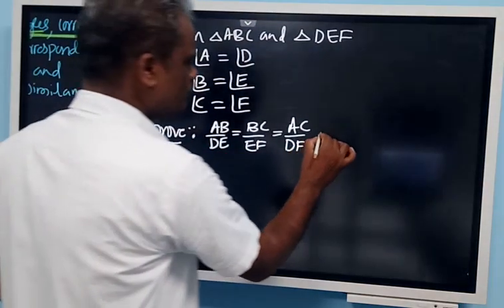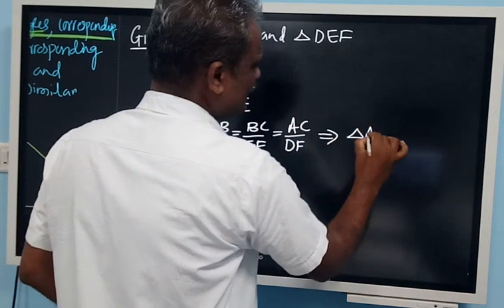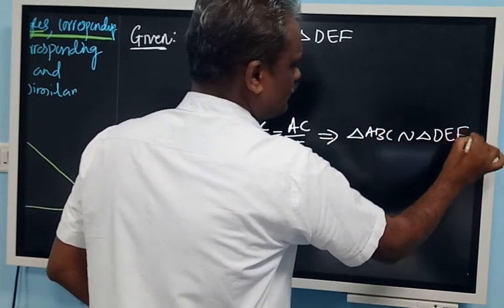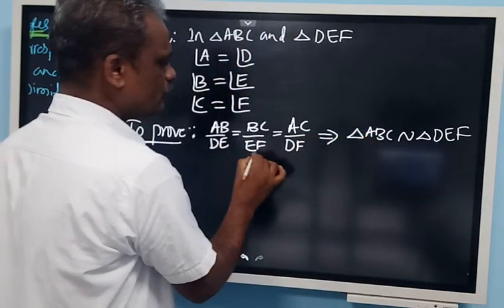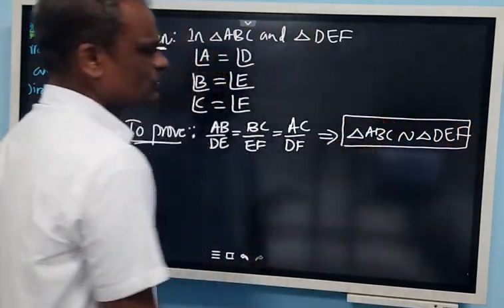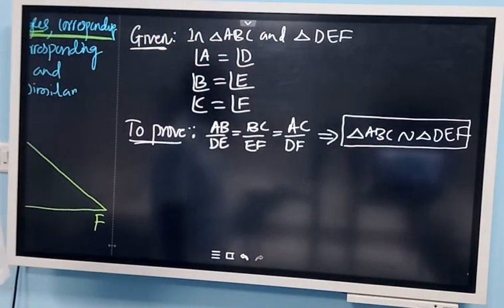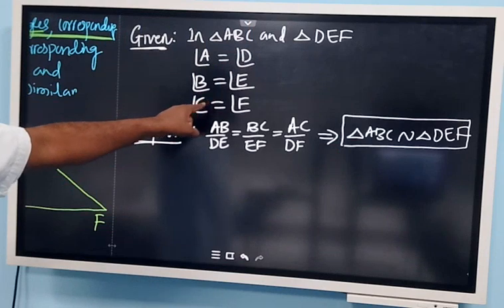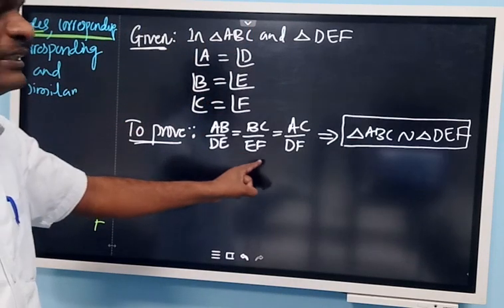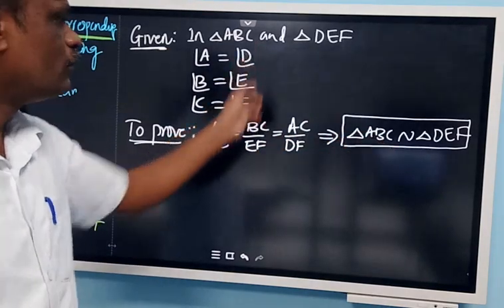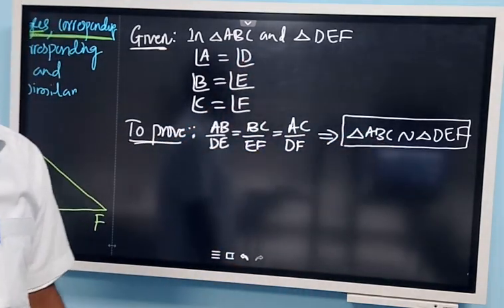And hence it implies triangle ABC is similar to triangle DEF. First you need to prove this, then you can conclude this one. This is the final conclusion. You have to show that the two triangles are similar. Corresponding angles are given, they are equal. Then you have to prove that the three pairs of corresponding sides are in the same ratio. Then you can conclude both the conditions are satisfied, therefore the triangles are similar.